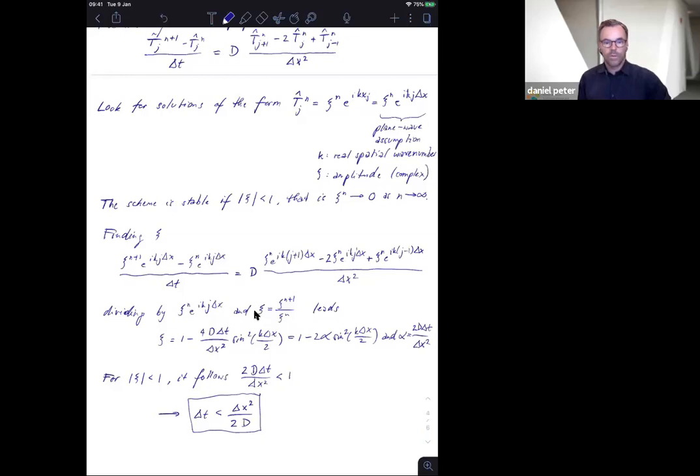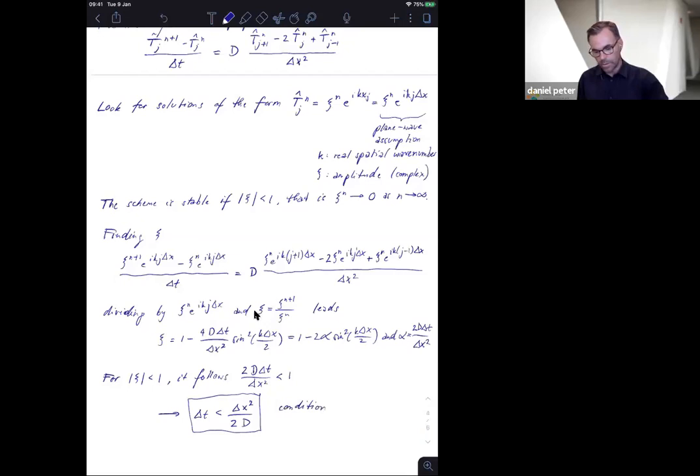So if we choose delta t small enough compared to the grid spacing and the diffusivity constant, to this factor, then the scheme is stable. And this is called conditionally stable.